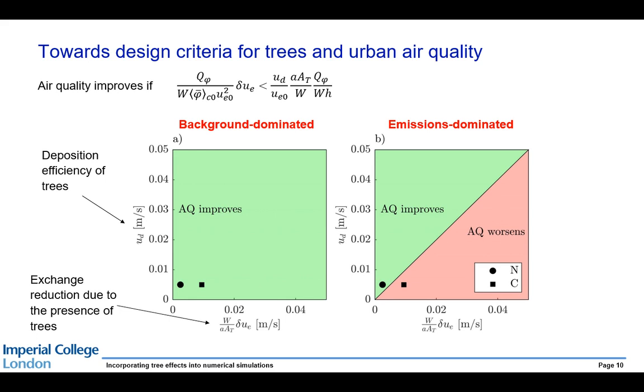So the upshot is that you end up with a limiting case, and if you run the numbers using the parameters that they used for the LES study, you'd find that in the neutral case, you'd expect the air quality to improve in the presence of trees and deteriorate in the convective case. That's actually not what they found in the LES study.